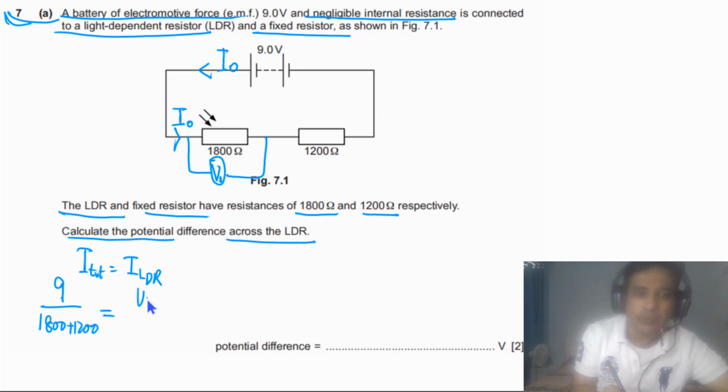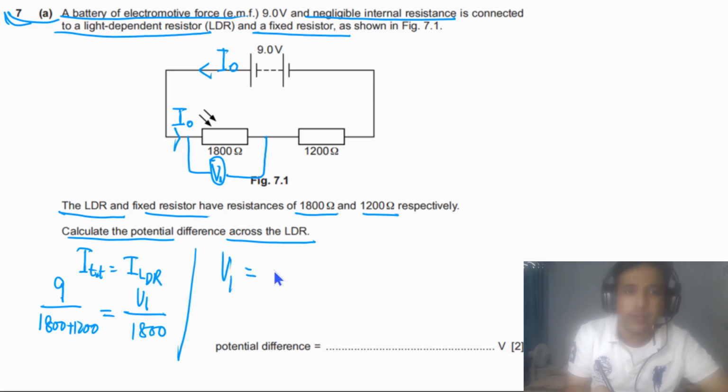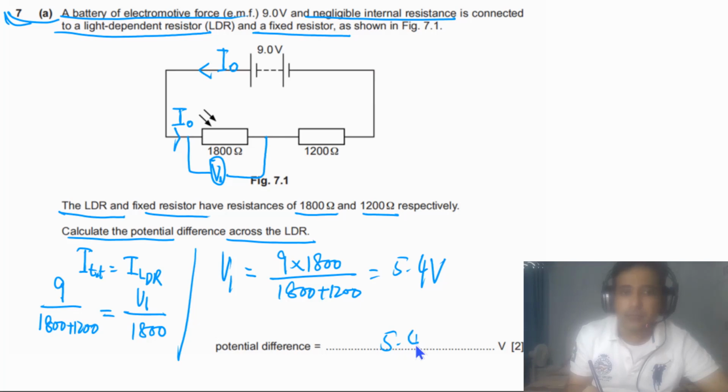This has to be equal to V1 divided by the resistance of this resistor, that is 1800 ohms. Now we need the value of V1 from here, so V1 simply will be equal to 9 times 1800 divided by 1800 plus 1200. If we solve this one, we will get V1 is equal to 5.4 volts. So the final answer for this question is 5.4 volts.